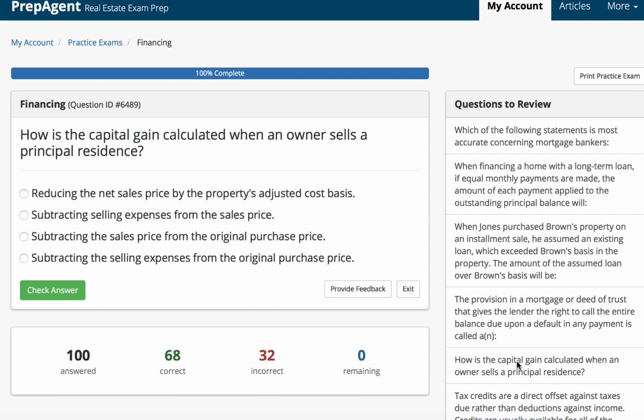How is capital gain calculated? Okay. Sale price. Okay. Subtracting the selling expenses. Subtracting the sale price. I'm going to say subtracting the sales price from the original purchase price.